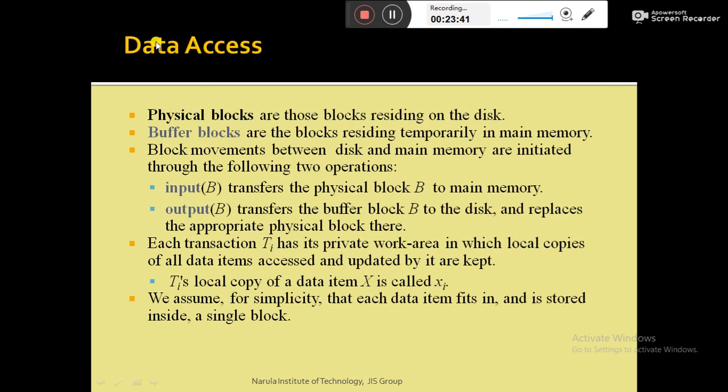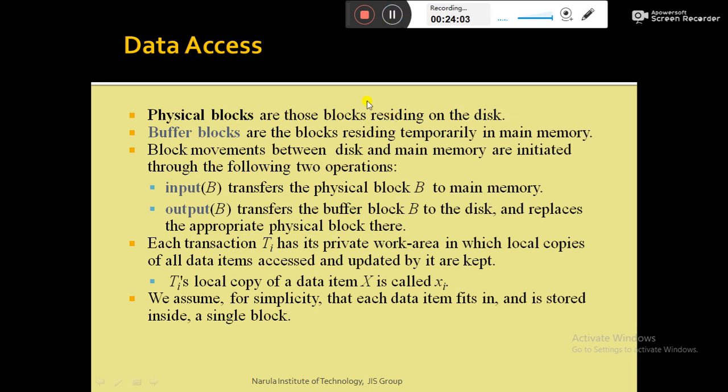The next concept is data access, meaning how transactions access the databases or the data items. All the databases or data elements are actually stored in physical blocks. A physical block refers to the block or data item residing on the hard disk.